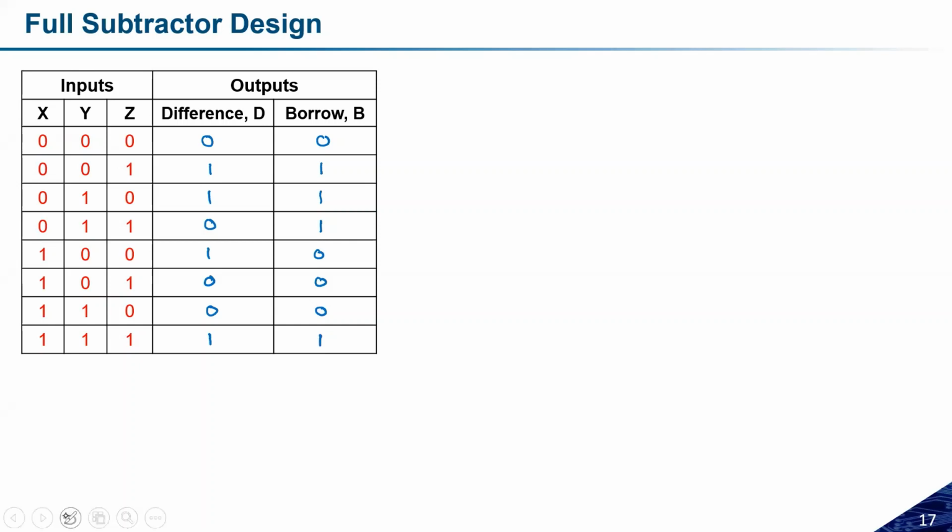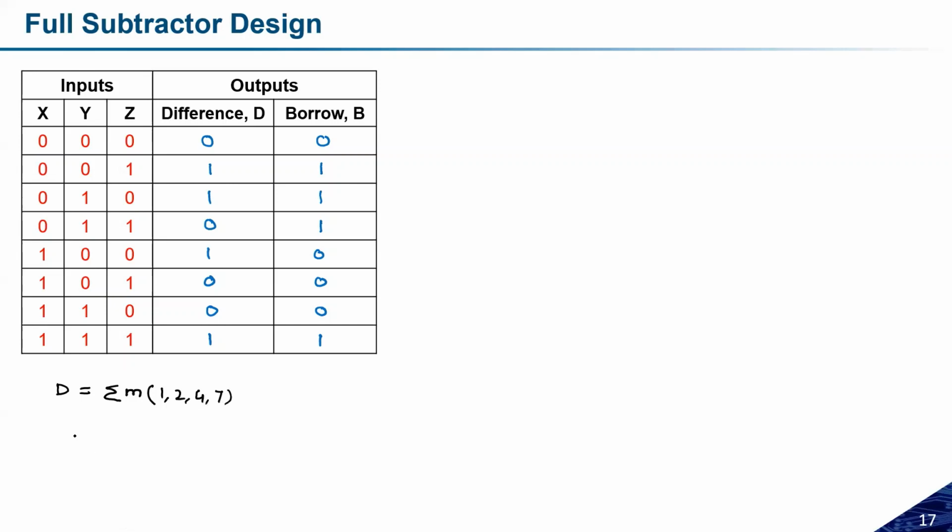Once we are ready with the truth table, let us try to see how the function will look. The difference is given as summation of m, 1, 2, 4, 7.